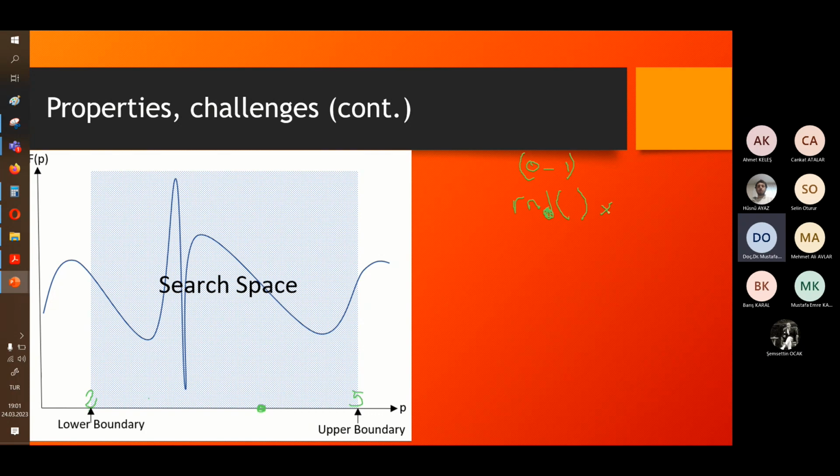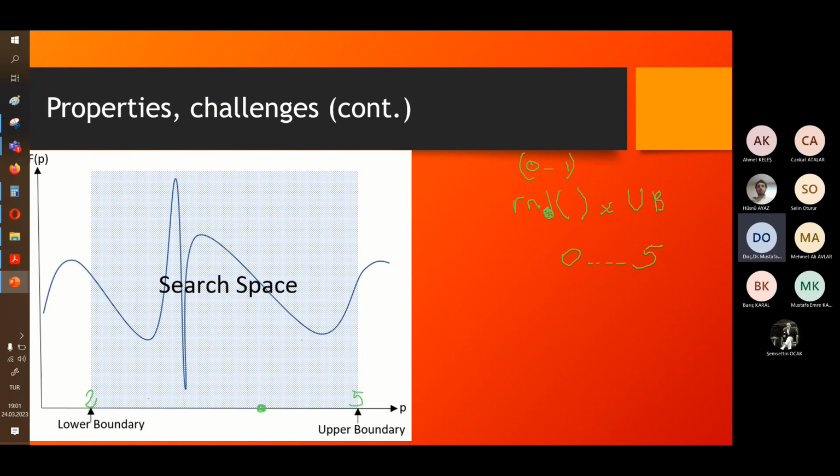If I multiply this with 5, which is the upper boundary, what will I get? If random is 0, it will be 0. If random is 1, it will be 1 times the upper boundary, which is 5. So if I use random times upper boundary, it will produce values between 0 and 5, right?